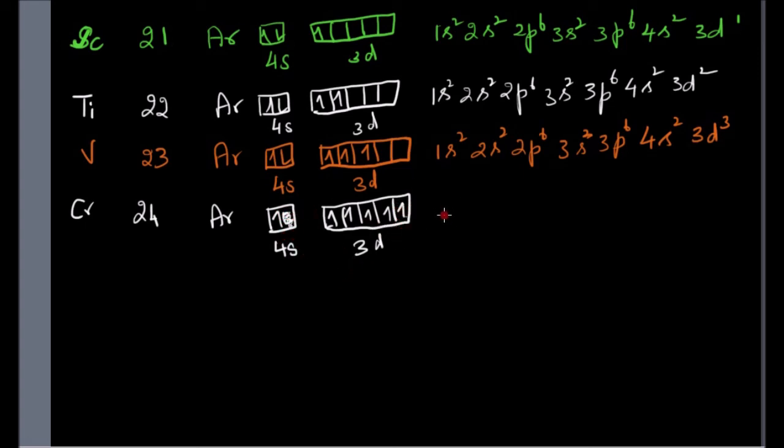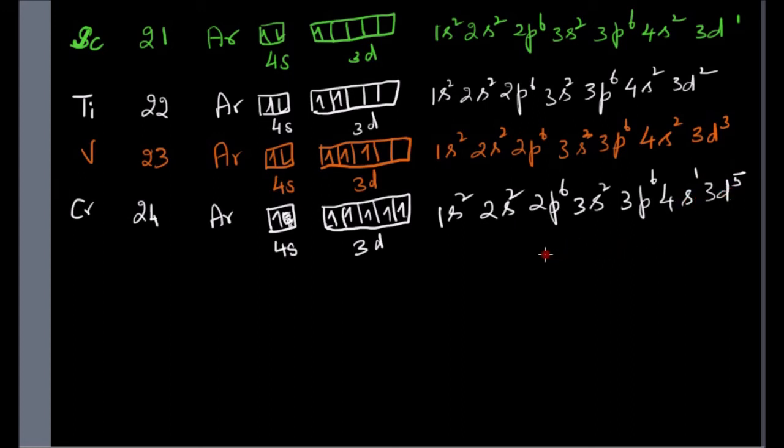The configuration will be 1s2, 2s2, 2p6, 3s2, 3p6, 4s1, 3d5. Instead of 4s2, 3d4, it will be 4s1 and 3d5. The rule that is applied here is, half filled and completely filled orbitals have extra stability.